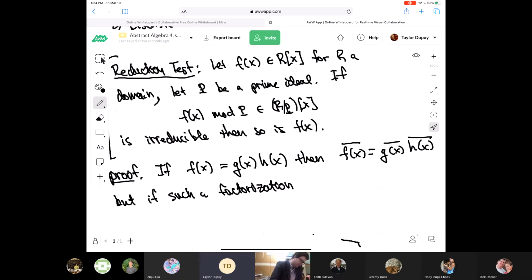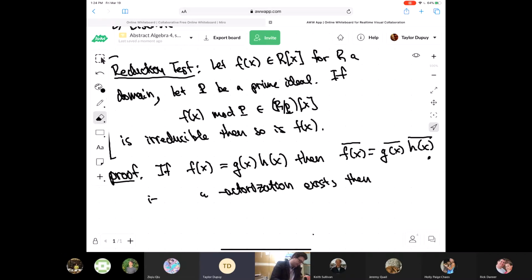Yes, but if such a factorization doesn't exist, then, sorry, I was trying to erase with my finger. So if such a factorization exists, then, I guess this is the contrapositive right there.